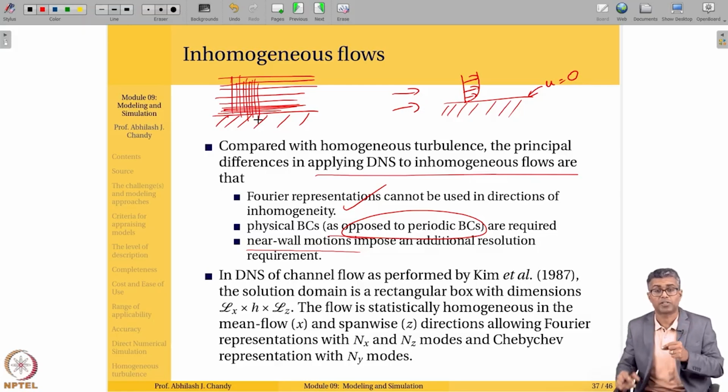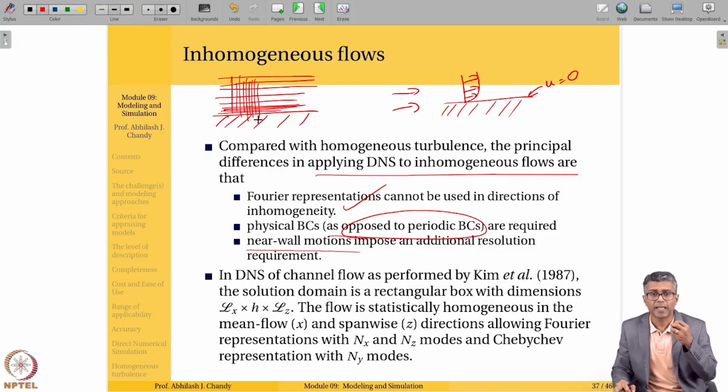So additional, say, wave numbers, if you're considering spectral methods, although spectral methods cannot be considered because you have inhomogeneity and you don't have a periodic boundary condition. But conceptually, it is the same as including additional wave numbers.